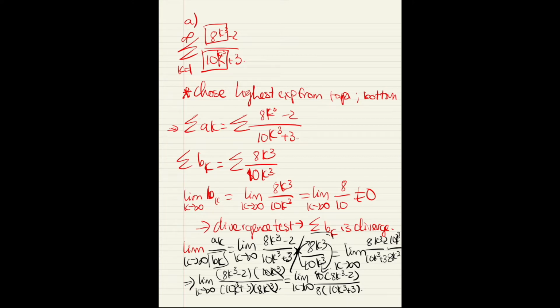At this point, I just divide both sides by k^3, so that I have the limit as k goes to infinity of 10 times (8k^3 over k^3 minus 2 over k^3) over 8 times (10k^3 over k^3 plus 3 over k^3).